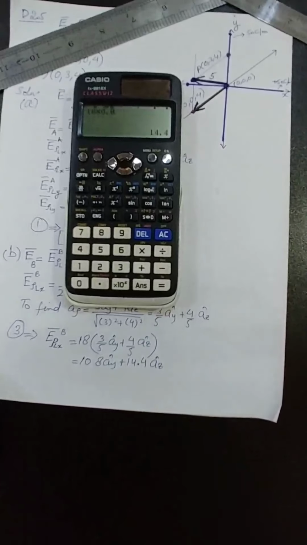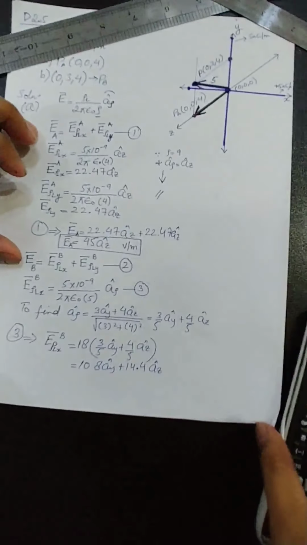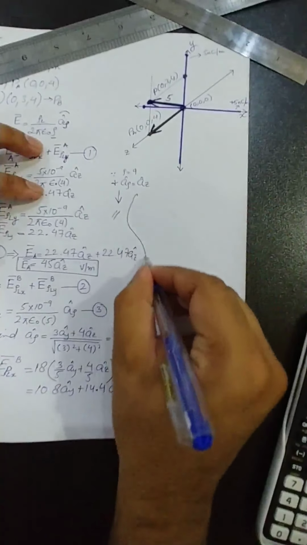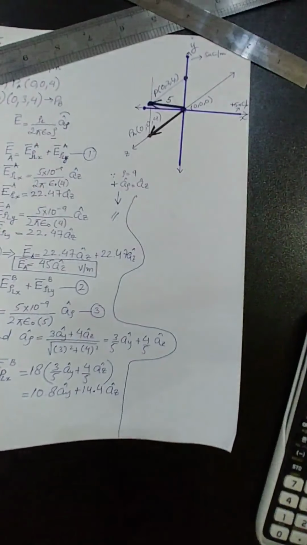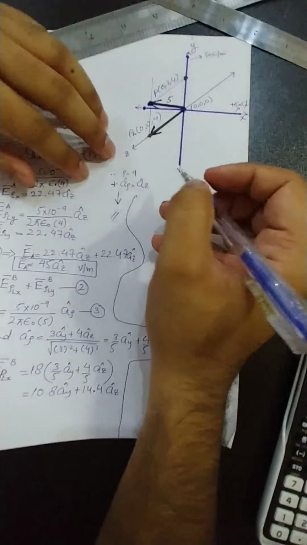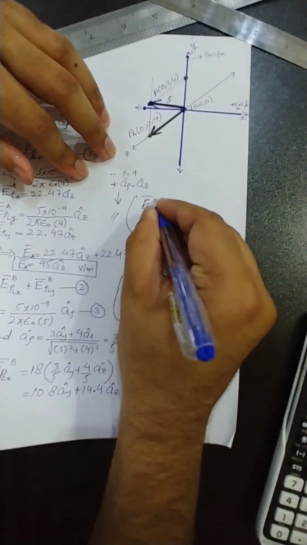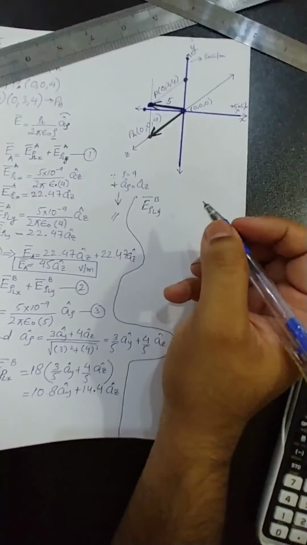Alright, now to find the contribution, let me separate it a little bit. Now we need the contribution of electric field intensity at point B due to rho L, which is lying on the y-axis.